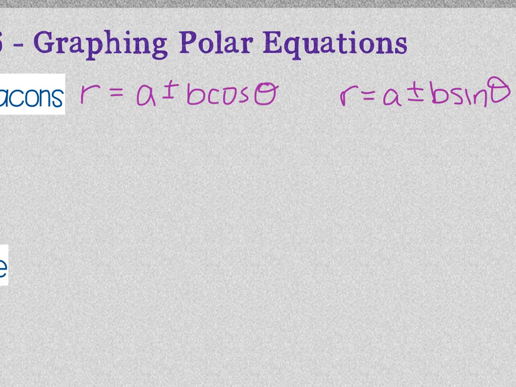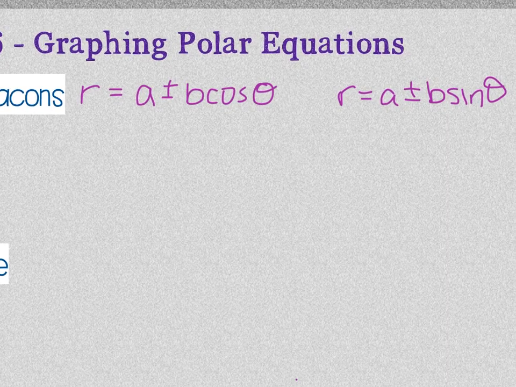So your first step is, okay, it's a limaçon. Then you have 4 different kinds of limaçon that you have to figure out. The first one is your inner loop, and that comes from your a over b. So first you identify it's a limaçon, and then you find a over b.